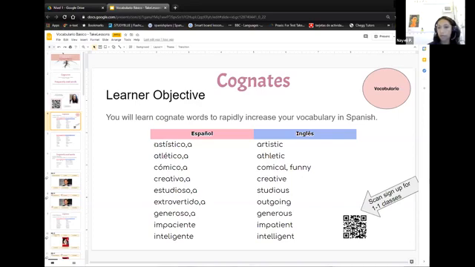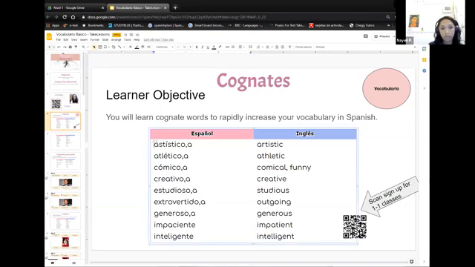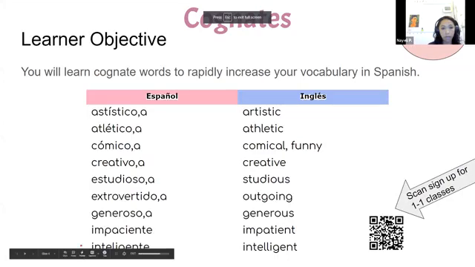In Spanish or in any other language, when you are learning a new language, it is important that you practice. Practice is essential. So let's start with the first one. I'm going to be highlighting them here with the pointer.